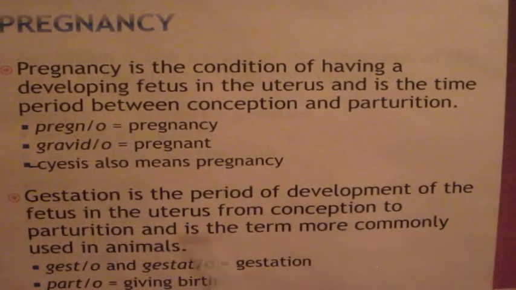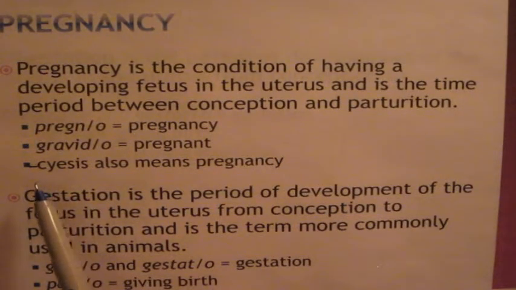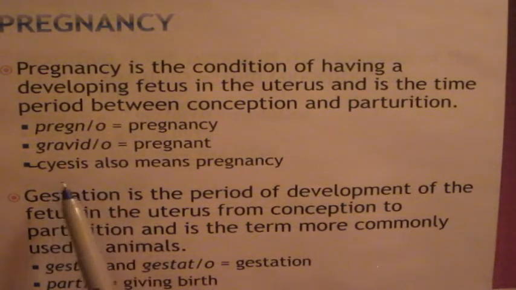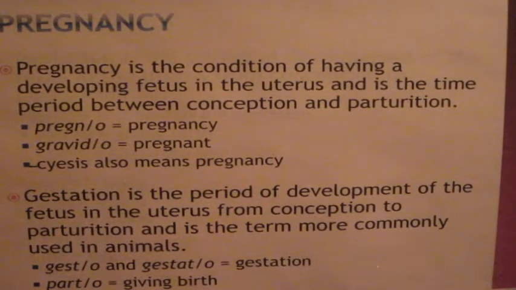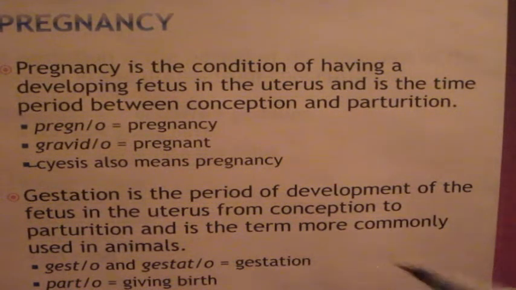Can you think of the one term that you may have read about that contains the suffix cyesis in it? It's also at the end of this lecture. We'll come upon it. It means false pregnancy. So you can hold on to that for a minute, and we'll talk about that in the end.